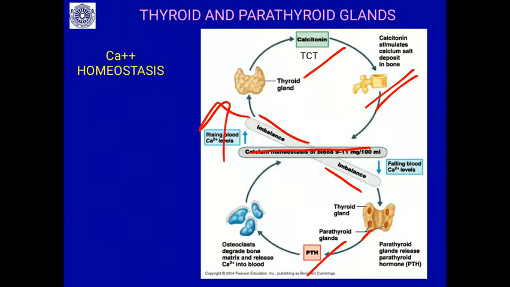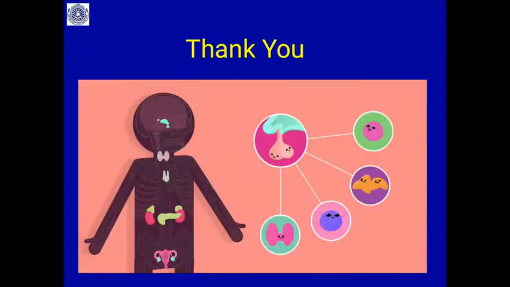The kidney cells also stop excreting the calcium, and the intestine absorbs more calcium, thereby maintaining the balance. So this is how the homeostasis of calcium ions takes place in the body. So this is about the thyroid gland and parathyroid gland. Thank you.